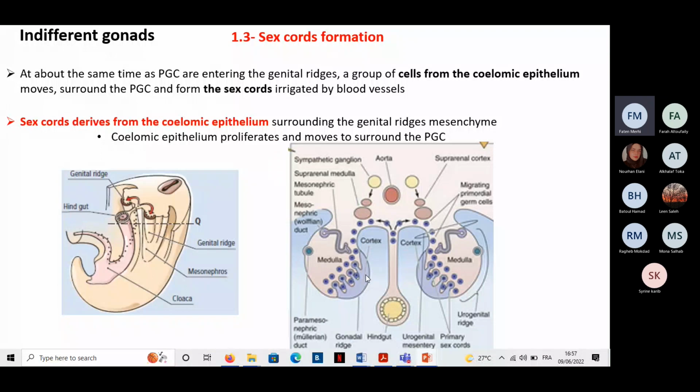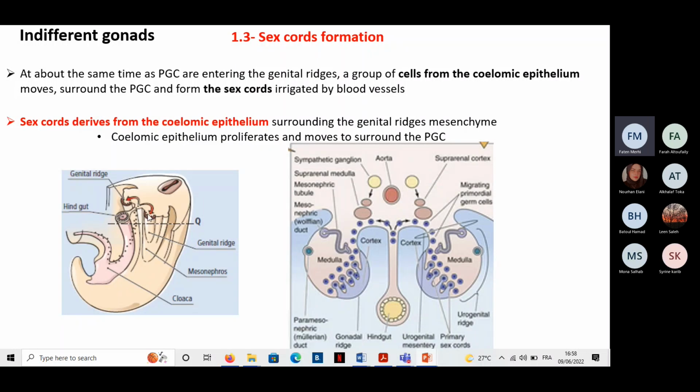And those groups of cells from the coelomic epithelium entering inside of the indifferent gonads, we call them the sex cords. Here, those elongations in dark red are the sex cords coming from the proliferation of the coelomic epithelium.